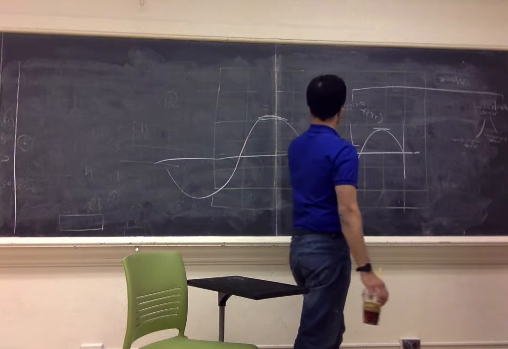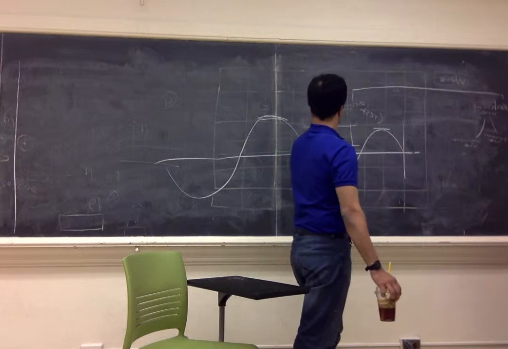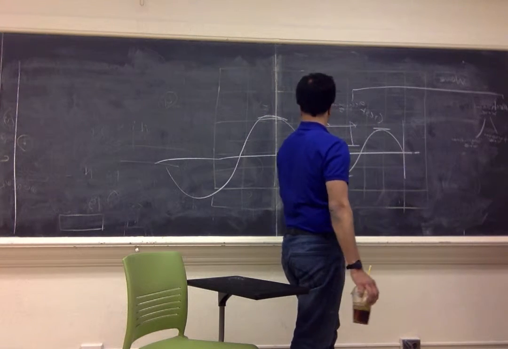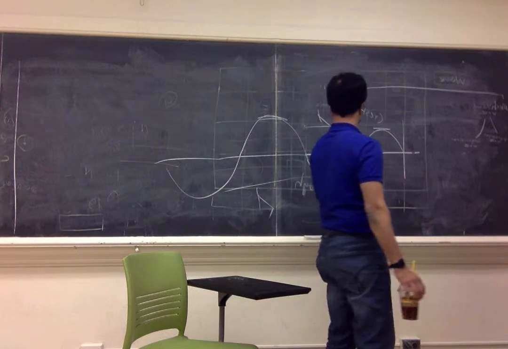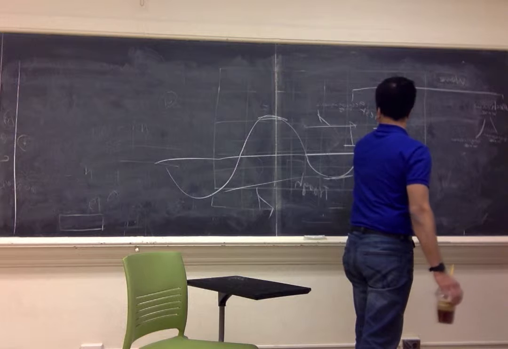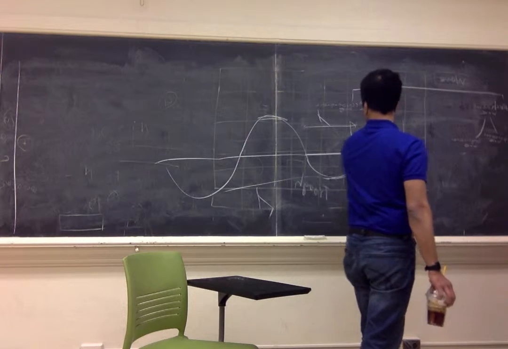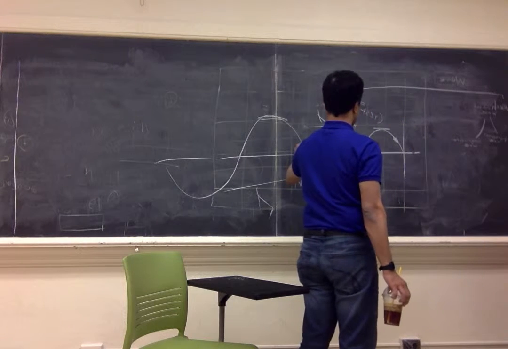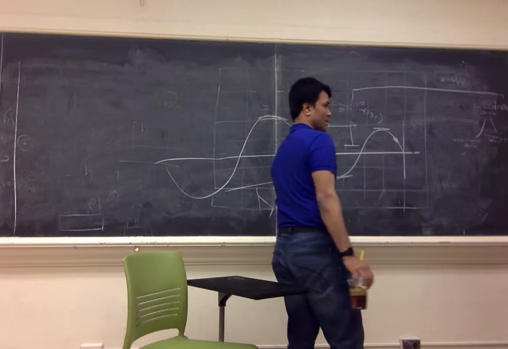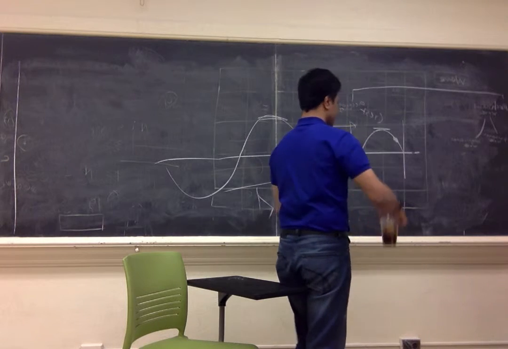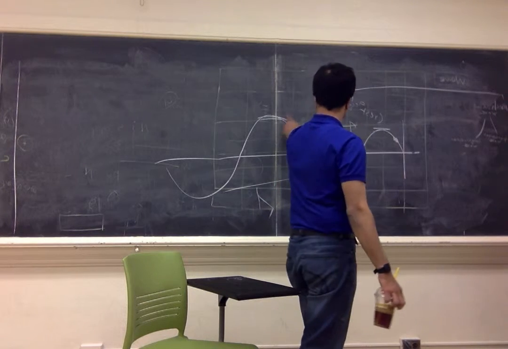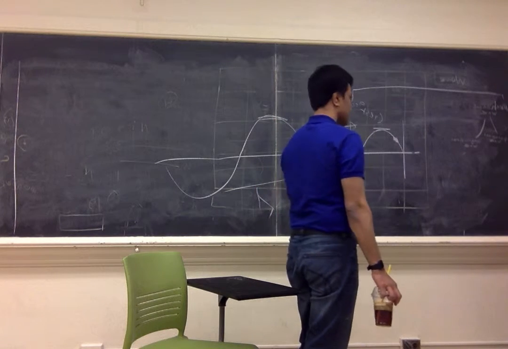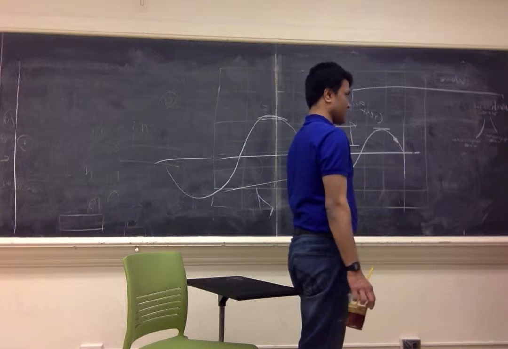Crest to crest is a wavelength. Wavelength is lambda. Or trough to trough is a wavelength. We're not going to confuse ourselves: crest to crest or trough to trough is a wavelength.